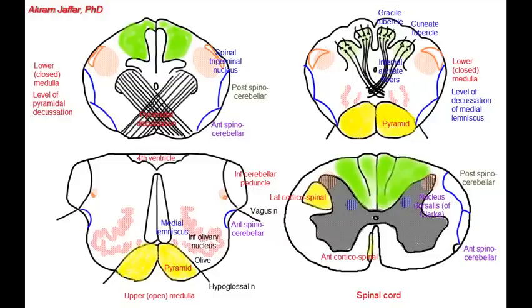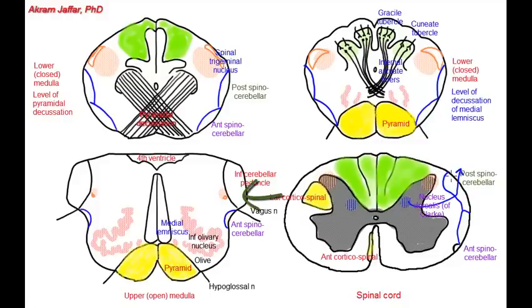or Clark's column. Fibers from nucleus dorsalis that form the posterior spinocerebellar tract are uncrossed fibers. They ascend in the posterior spinocerebellar tract of the ipsilateral side, and they terminate in the cerebellar cortex via the inferior cerebellar peduncle.